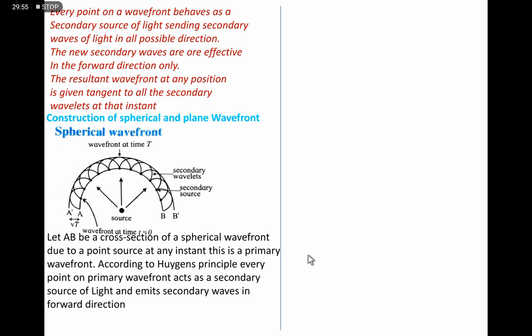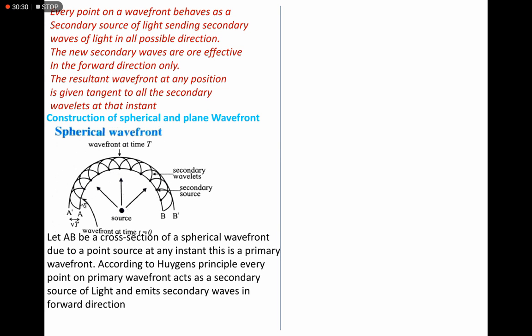So here AB is the cross section of the spherical wavefront due to a point source at any instant, and this is a primary wavefront. According to the Huygens principle, every point on this wavefront acts as a secondary source of light, and it emits secondary waves in the forward direction.